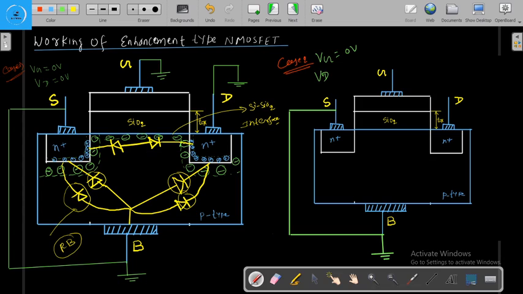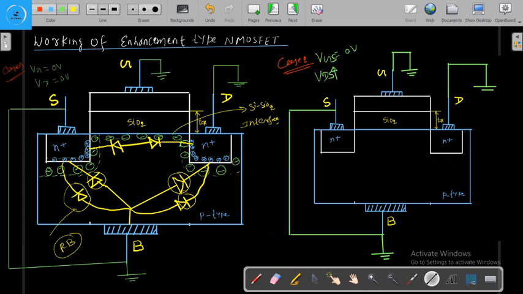Or we can also say that we are keeping Vgs at 0 volt, because S is grounded, so we can take S as a reference, and the Vds we are increasing.